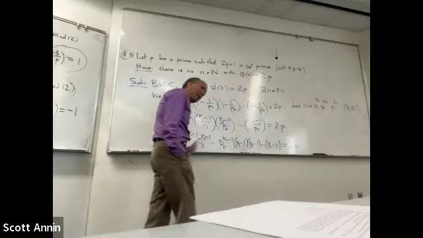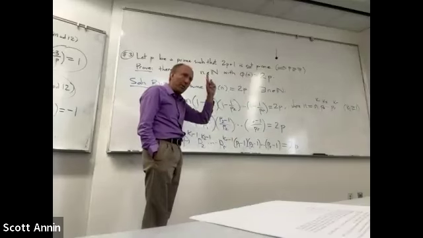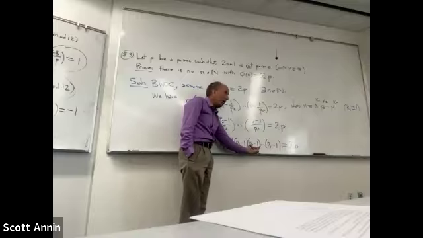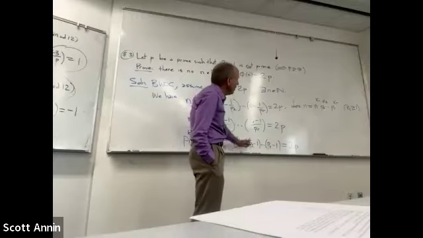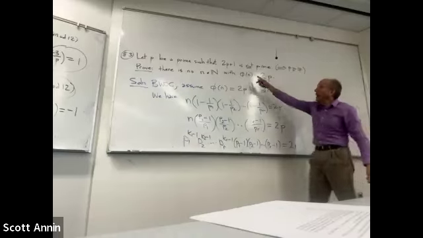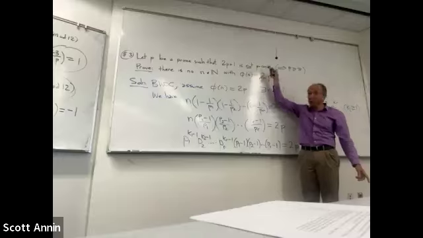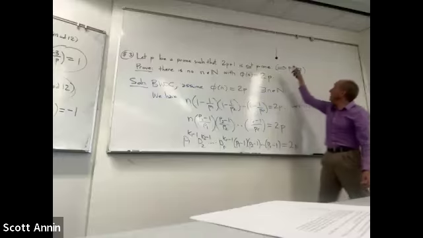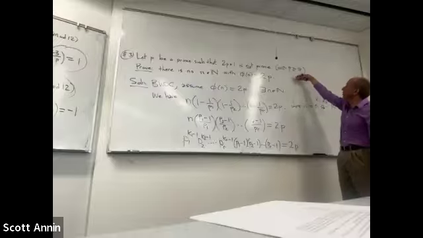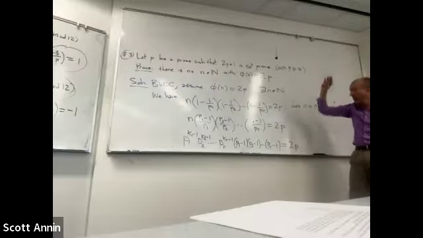That means there has to be a p on the left side. p is prime, so could this be p? No, this is one less than a prime. This is one less than a prime. All of these primes, by the way, these p's are pretty big because n has to be larger than 2p, which means n is already at least 14 or more. It's a pretty big number.